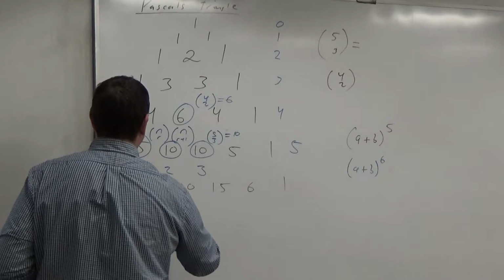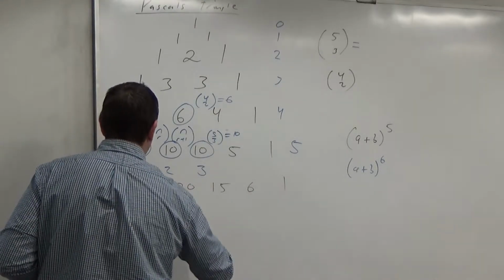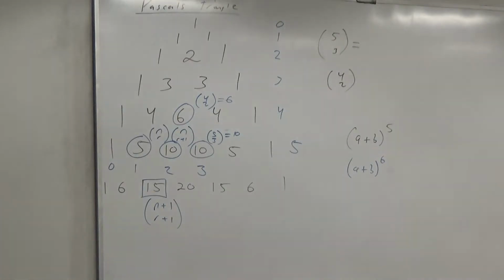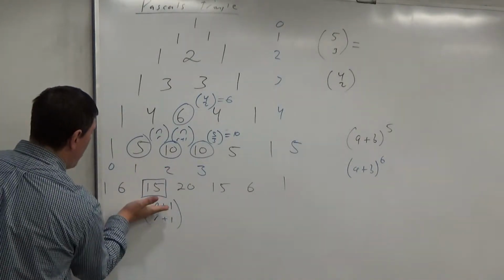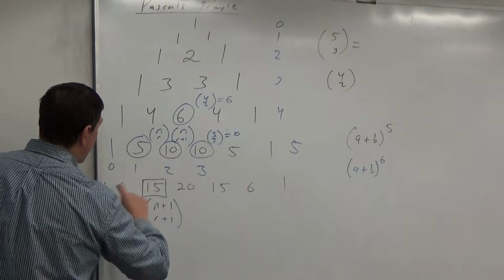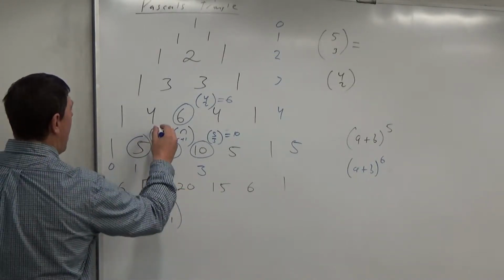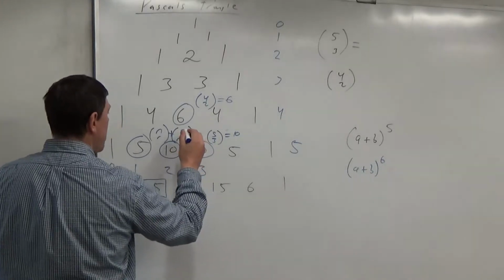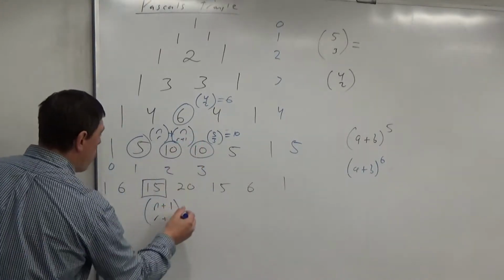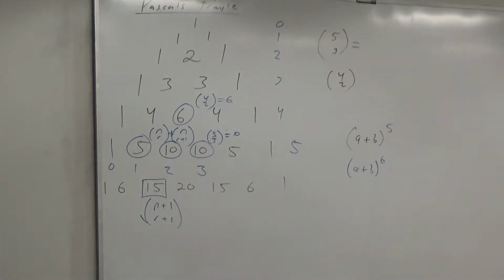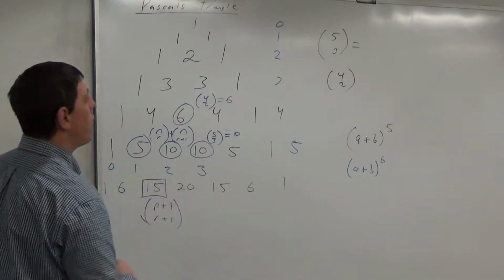Then 15, wouldn't that be n plus 1 r plus 1 by the formula, right guys? Because that's the next row down, and it's the second element over. So basically what we're saying is that n combination r plus n combination r plus 1 should be equal to this, okay? That's what Pascal's triangle says, and that's Pascal's theorem. Our job is to prove that, and that's what we're going to do using all the stuff that we know so far.